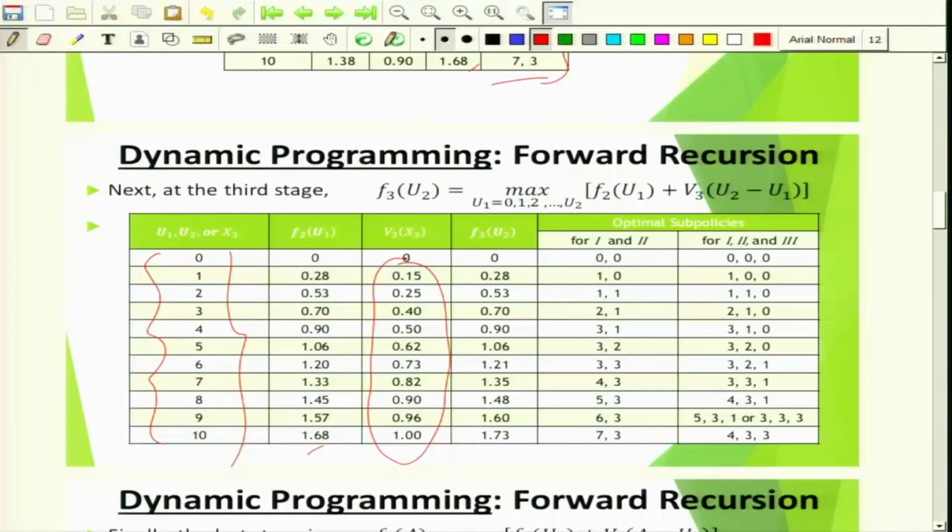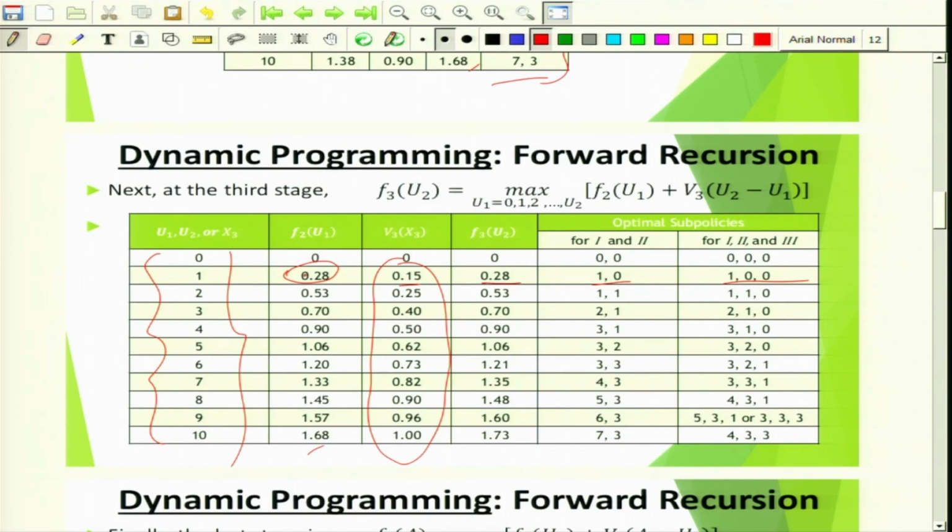With x1 and x2 you already have the value 0.28, with x3 you have 0.15, but you have just 1 unit to invest. So you depend totally on the best among x1 and x2, which is 0.28. And the combination? From x1 and x2 you got 1, 0, x3 is no longer relevant, so it's just 1, 0, 0.